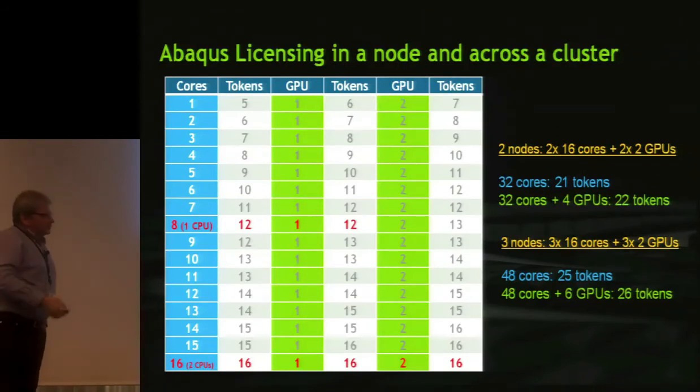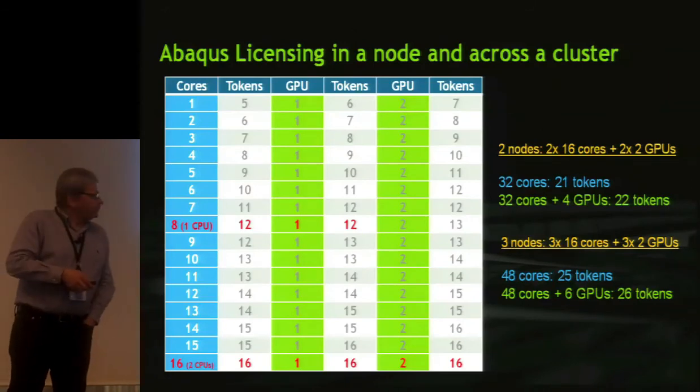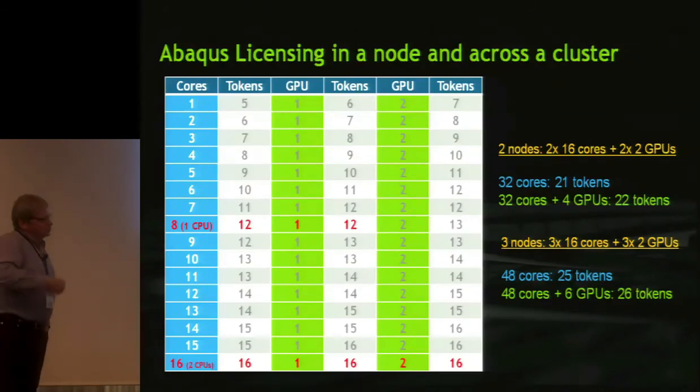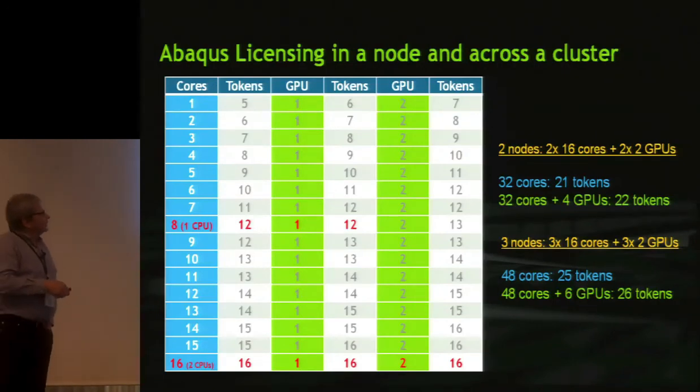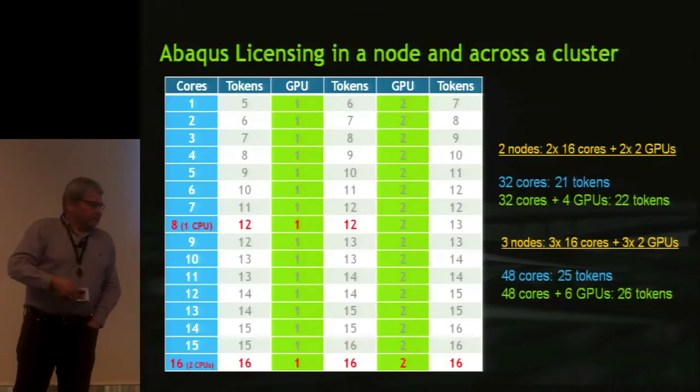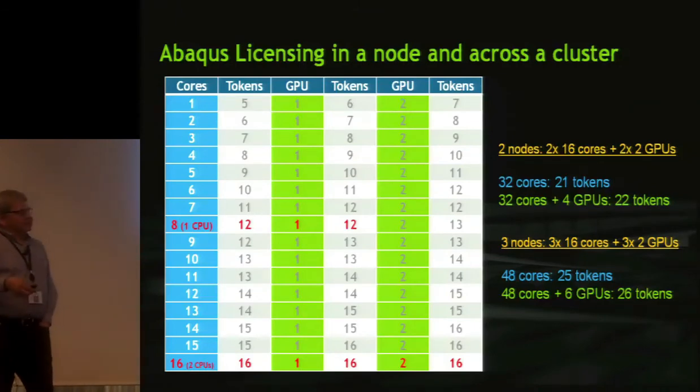So the licensing is very good for GPUs. This is true for most of the CAE codes, or for some of them at least. Normally a license token which you need for a CPU core, you also need the same license token to use a GPU.